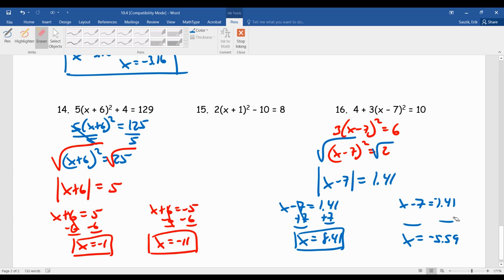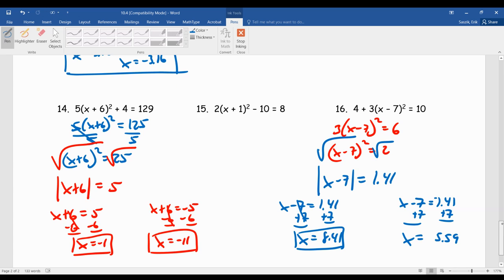That didn't make sense. Let's fix that. It should be plus 7, so x equals -5.59. Actually, that's positive. Still making a mistake. Sorry about that. That should be positive 5.59. I'll post the rest of these solutions on Canvas.